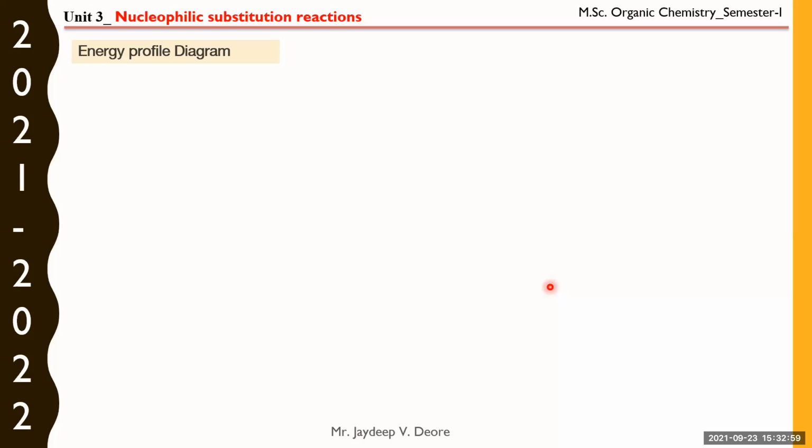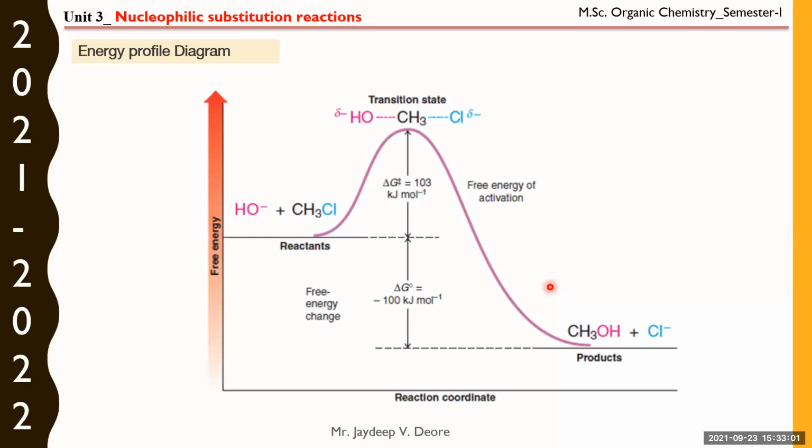Now we are going to consider the energy profile. Here you can see the hydrolysis of methyl chloride. You can see that this is a single hump, right? While in the case of SN1 reaction, there are two humps.